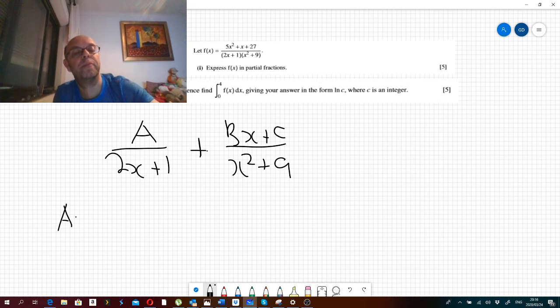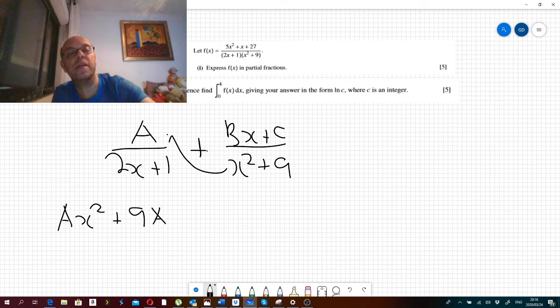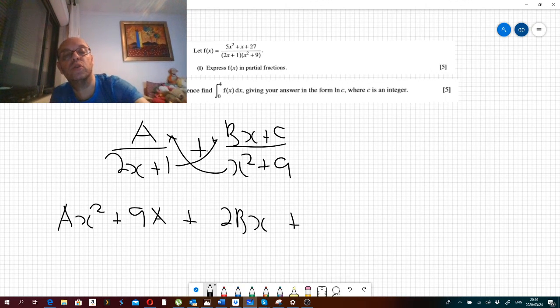We'd get Ax squared plus 9A, and then we'd multiply the other fraction across, which would give us 2bx squared plus 2cx plus bx plus c.